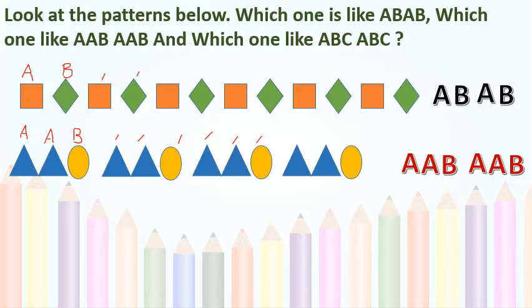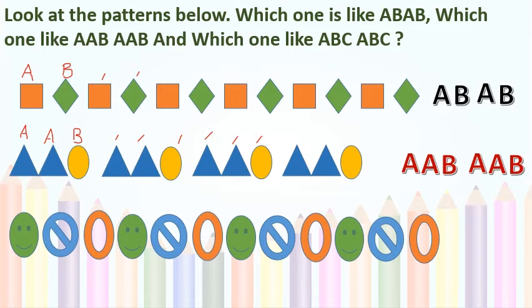Okay. Now we will move to the third one. See this. One face is there, then a different picture and one oval is there. See, these three are different from each other. Again they are repeated. Okay, got this?